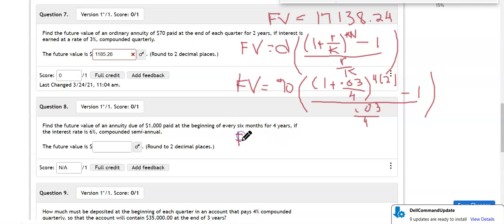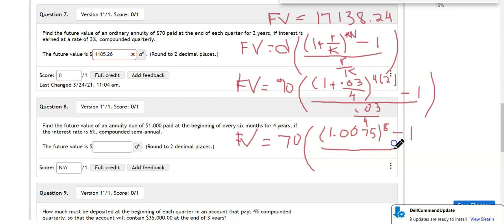Now, let's work through this thing. Quite tedious, but all right. So first, I'm going to go to the innermost set of parentheses and do that. So I'm going to do the 1 plus 0.03 over 4 first. If I do that, 1 plus 0.03 over 4 is going to give me 1.0075. And then let's, while we're at it, multiply 4 times 2, it's to the 8th power.